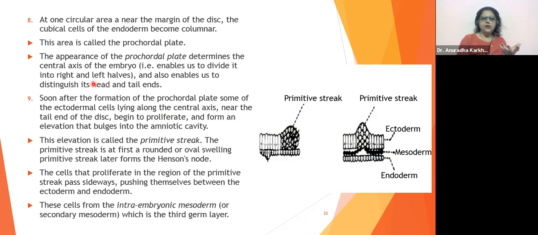So along the central axis, these cells, you can see over here, they proliferate. Proliferate means increase in number. They divide continuously and form an elevation. You can see a knob-like structure, right? Which bulges into the amniotic cavity.